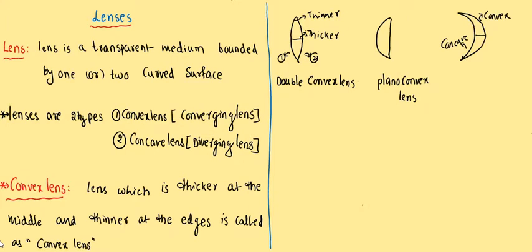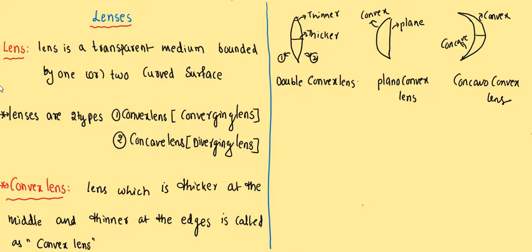Now we say that it is a concavo-convex lens. And this one has one side plane and the other side is a convex surface. That's why it is called a plano-convex lens. This is about the first one, convex lenses.